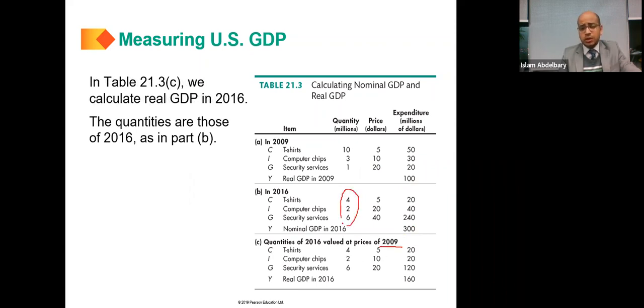So we have a new market value. This market value is over 160, this is the real GDP in 2016. So the economy grew by 60%, not by 300.